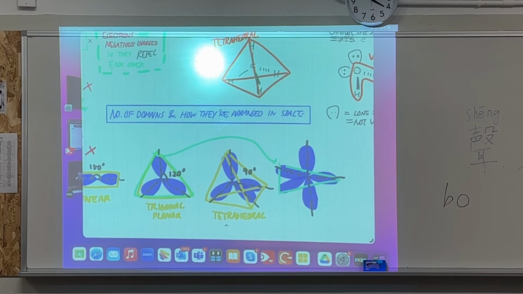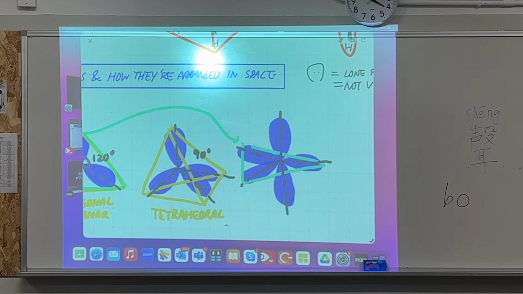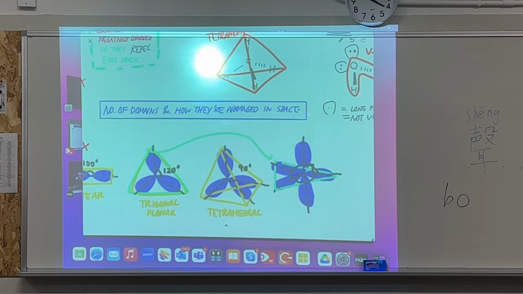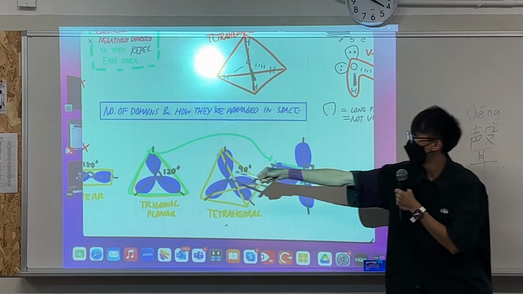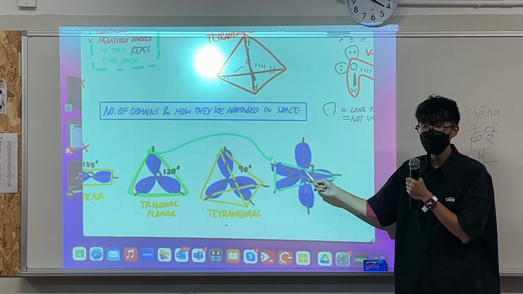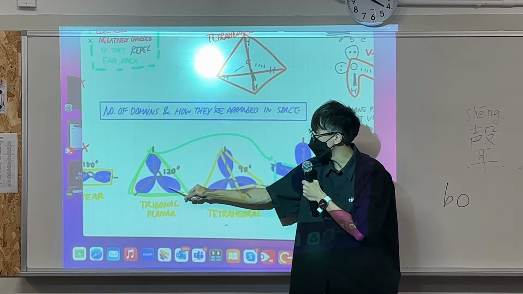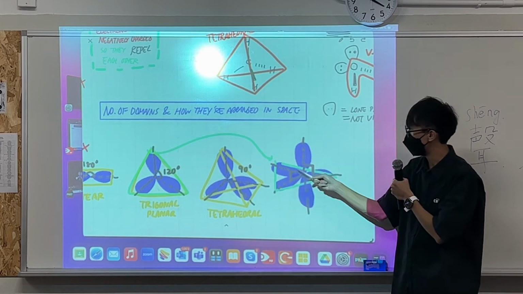So the angle here, they really will not ask you much about the angle. Okay? It's only the shape that you need to know. Okay, so what are the possible angles here? What is this angle? 90. What are these angles? It's actually 120. Do you remember that I have inserted this green triangle into here, right? So that means all the angles between these purple blocks should still be 120 here, right?